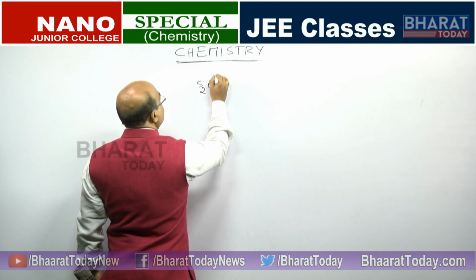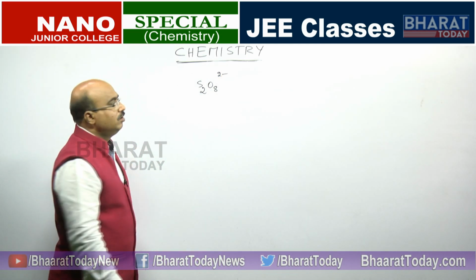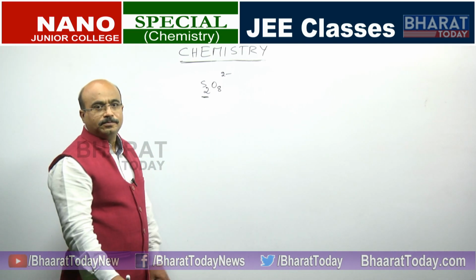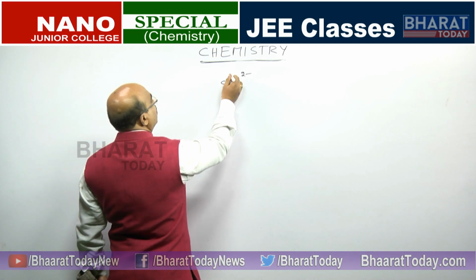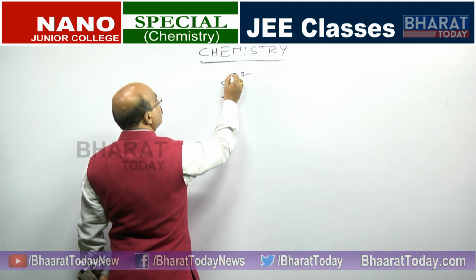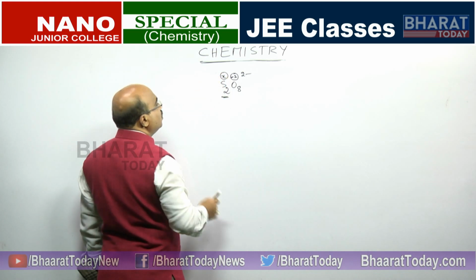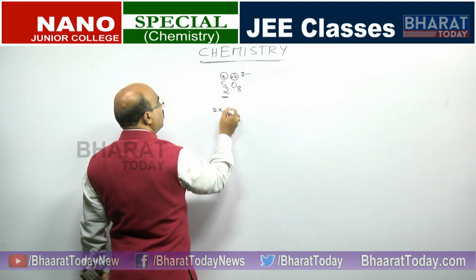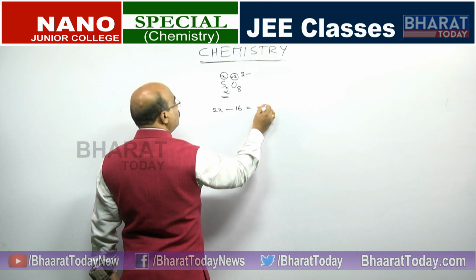S2O8 2 minus. What is the oxidation state of sulfur? Now, we generally take oxygen as -2, and say sulfur is x. So this is 2x, this is -16, and the total should be equal to -2.